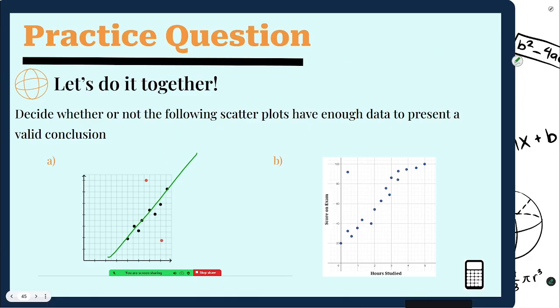If we move over to our second graph, we see we have a lot of data points. Remember, the more you have, the better, so this is a really good one. And if we draw our line of best fit, we can see that it passes through many of the data points and the others are really close to that line.